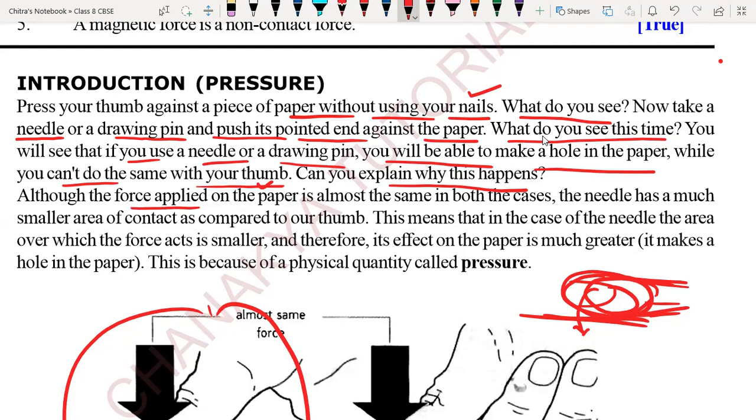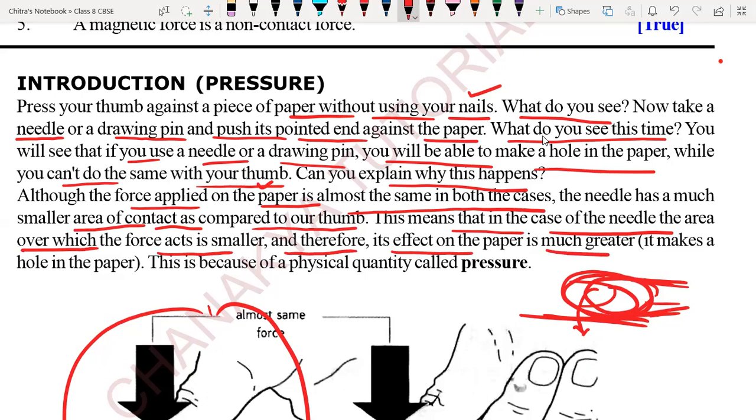Although the force applied on the paper is almost the same in both cases, whatever force we apply is equal, but the pressure applied on the area is different. The needle has a much smaller area on its tip, the contact area, as compared to the thumb. This means that in the case of the needle, the area over which the force acts is smaller, and therefore it produces an effect on the paper and penetrates inside.